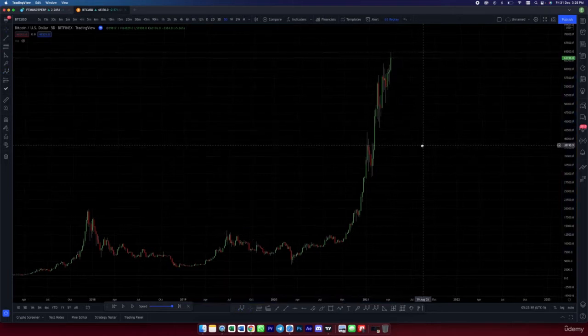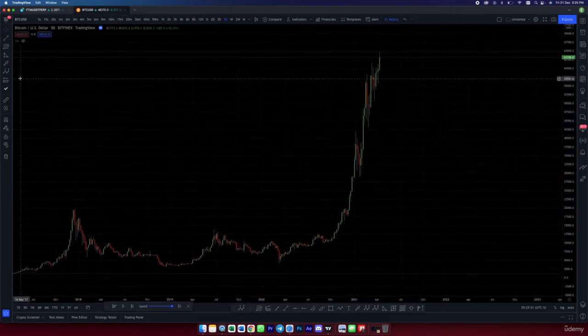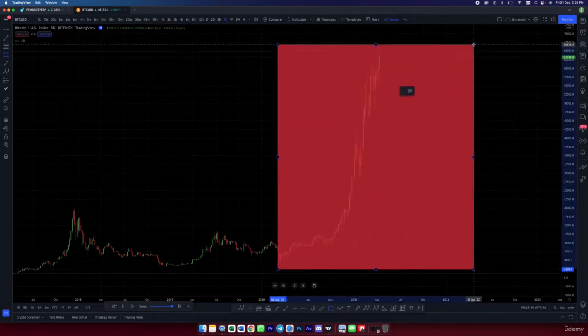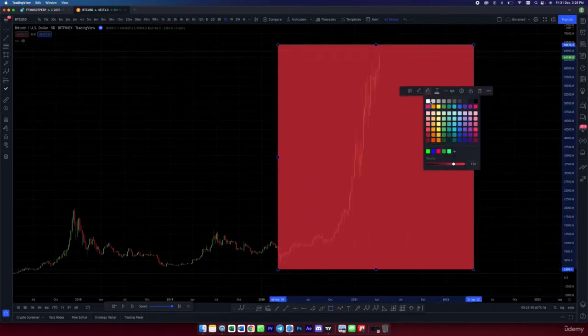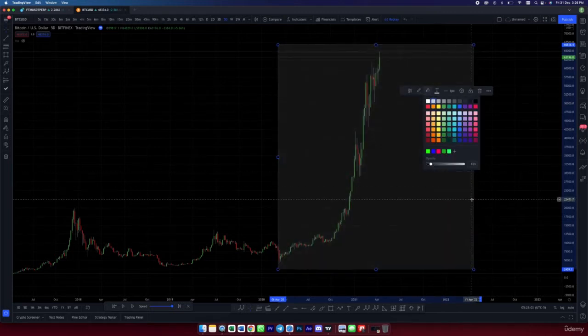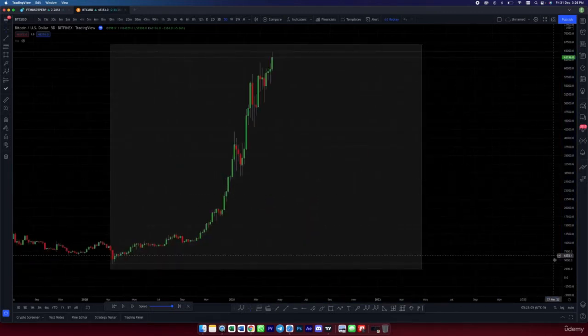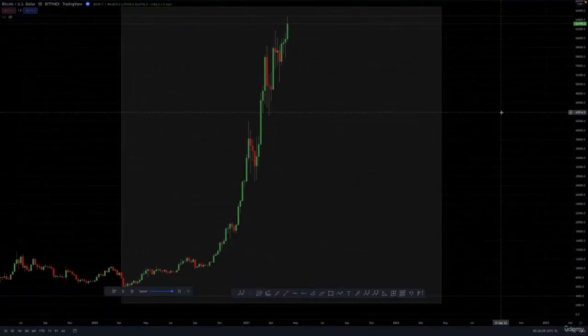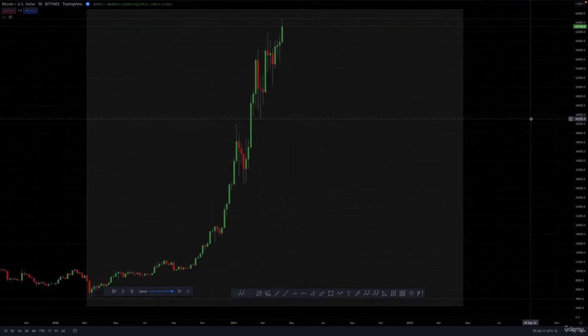Now we want to subdivide this area and see what is happening in there. Let me highlight it and reduce the opacity. If we look closely, we can see that there are definitely waves in there.